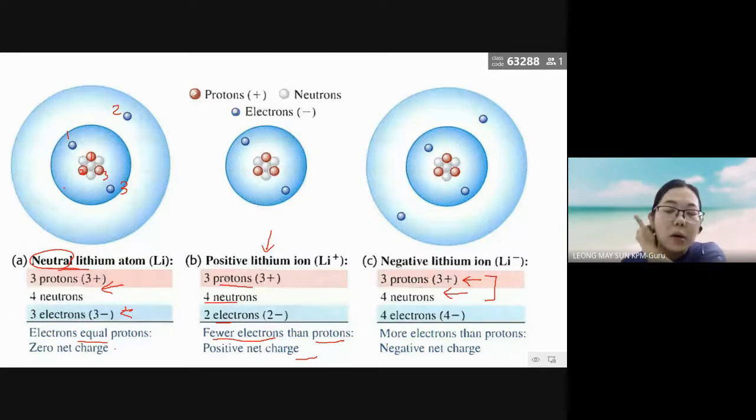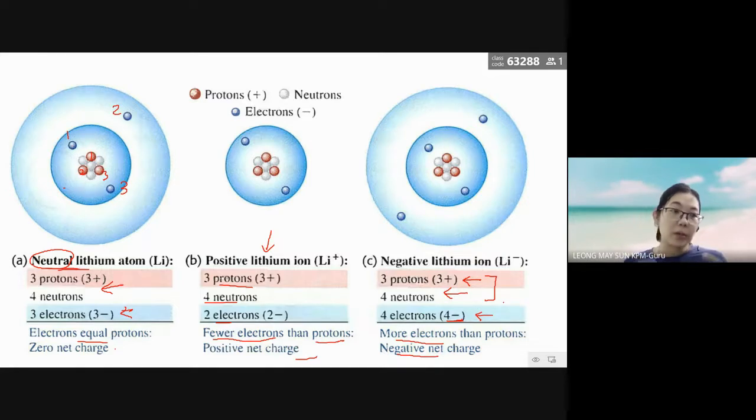Over here, instead of 3 electrons as in the neutral atom, it has an additional electron that is being shared by other atoms. So the atom now has 4 electrons. That's positive 3 protons, negative 4 electrons. There are more electrons compared to protons, therefore this is a negative net charge. This is a negative lithium ion.